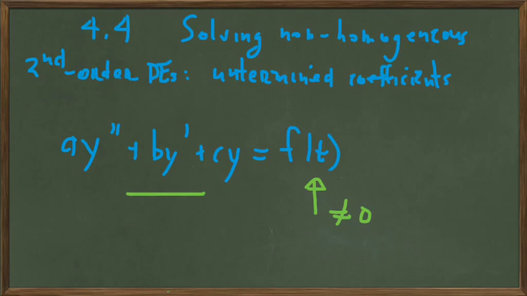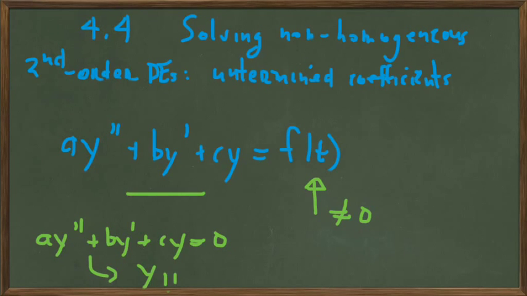And to solve this problem, we actually have to solve first the differential equation a y double prime plus b y prime plus cy equals 0. And when we find that solution, we call that y sub h, the solution to the homogeneous differential equation.